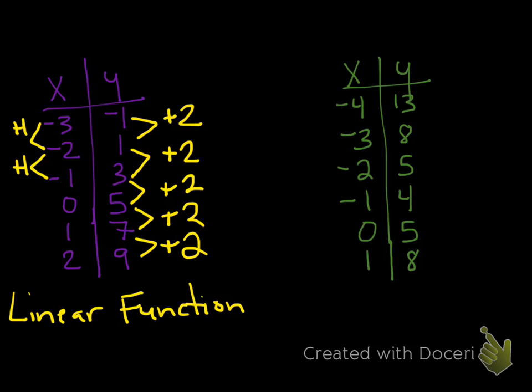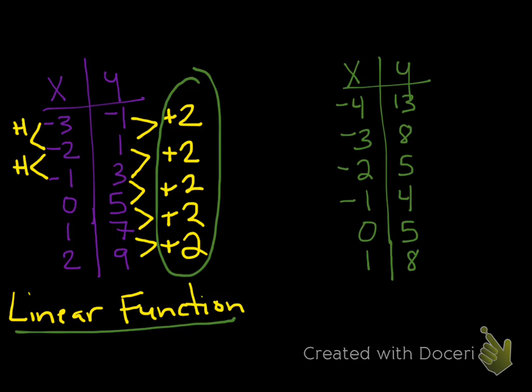So this will actually have a slope, which is 2 over 1. Okay, so you look at this difference right here. If it is constant, then that means that it is a linear function. Okay, so we've done those. You guys should be fairly aware of that. All right, so let's look at this next one.